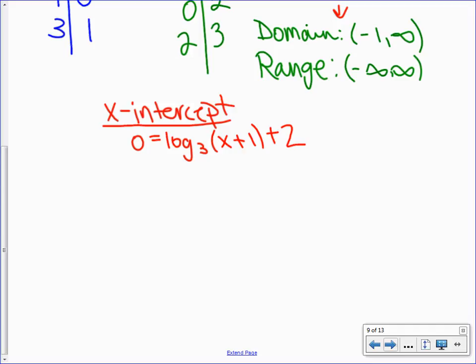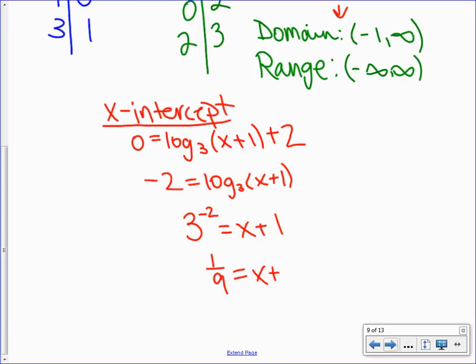We're going to have to change it into exponential, but not yet because of that plus 2. So we're going to subtract the 2 first. Then we can rewrite it as exponential, so 1/9 is x plus 1, which means our x-intercept is at negative 8/9.